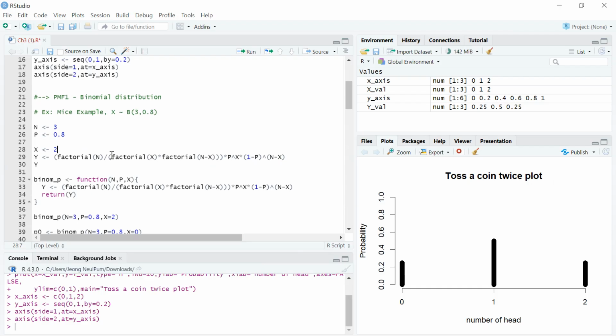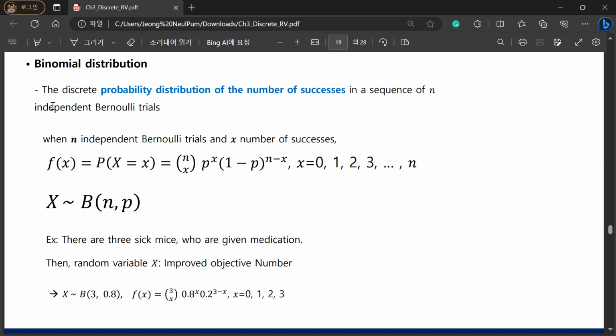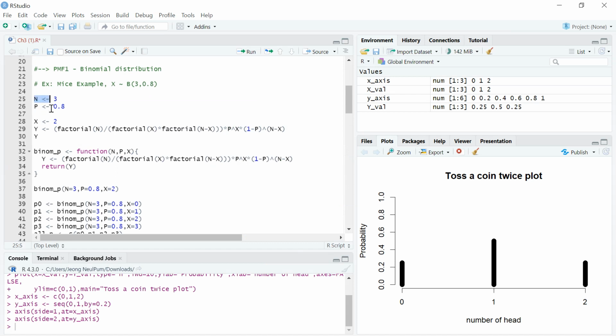So we can use this formula in our programming. We can also set our n and the success probability, the number of trials. We can set each parameter here, and after we set each parameter, we can get the density along with the parameters by using the formula.